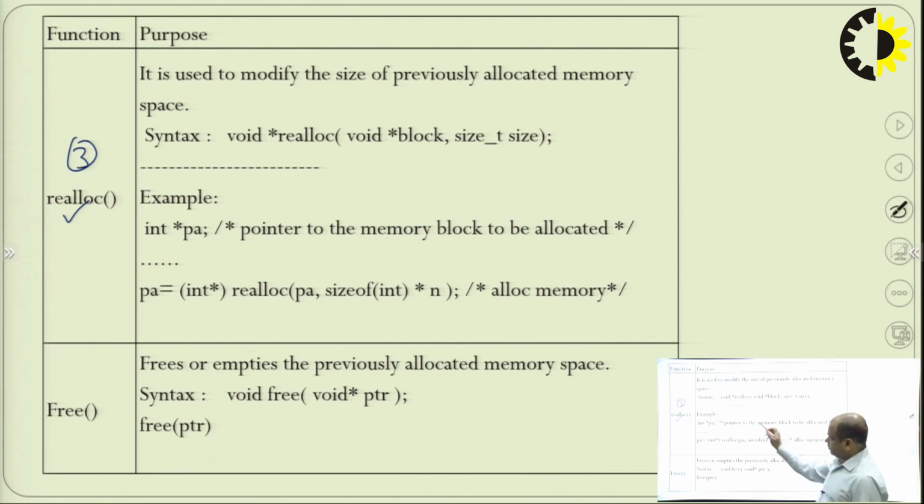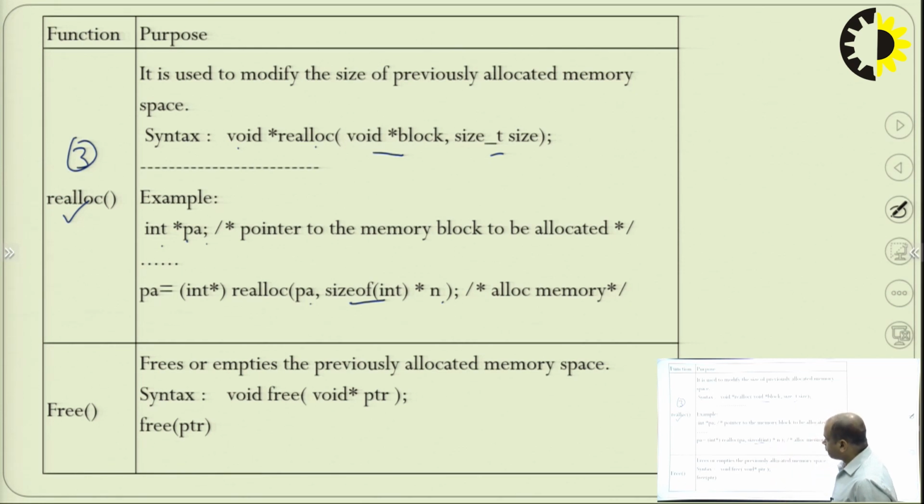The syntax of realloc is void pointer type of realloc, with the old block and the new block size. Fine. Here the example will be int star pa, reallocate pa with sizeof int into n. Next, the new size of memory will be allocated.